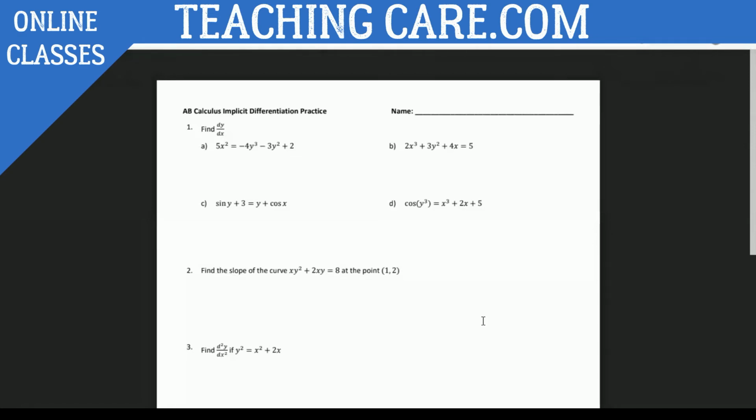Got it. In this itself, you have finding the slope of the curve and everything.